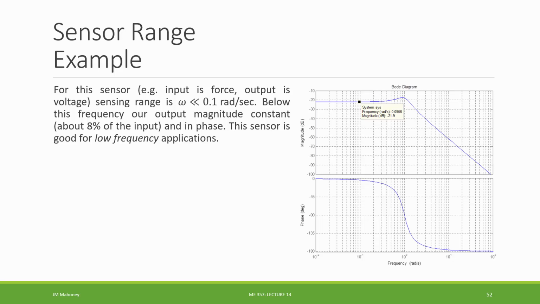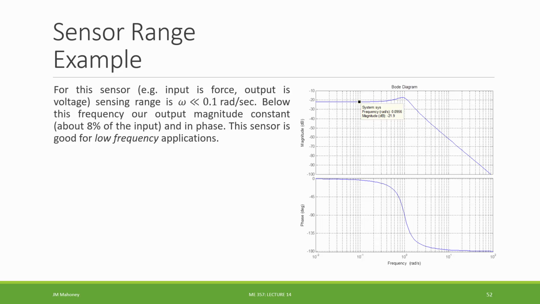So the idea is that if we have a constant magnitude, once we do that calibration, we know the relationship between the quantity we're sensing and the voltage that we're reading. The problem in a sensor like this is that for higher frequency inputs where our omega is higher, let's say above 0.1 radian per second or even higher, looking at the Bode diagram, the magnitude is now changing, and it's changing constantly.